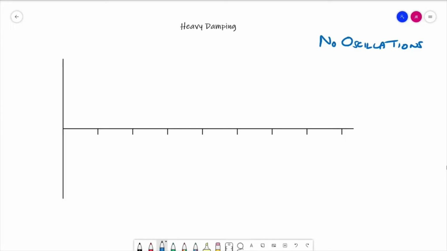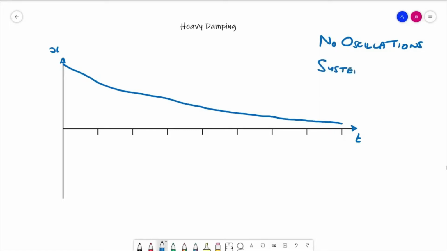What we will get, if we have a graph of displacement against time, is a nice slow exponential return to equilibrium eventually. So the system will return to equilibrium.